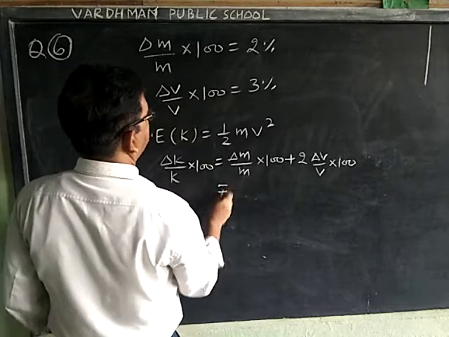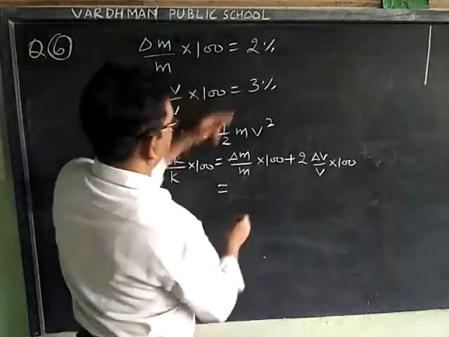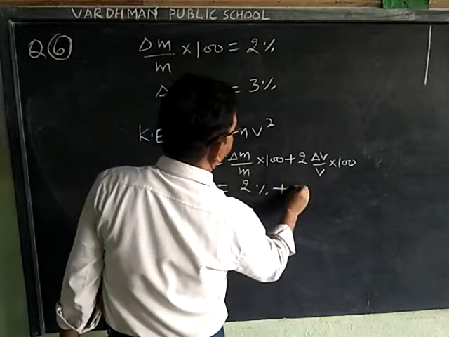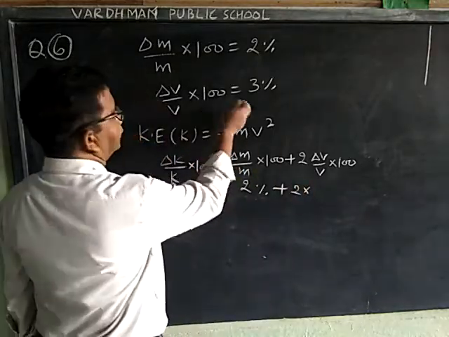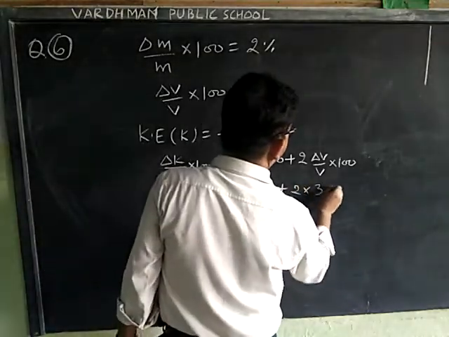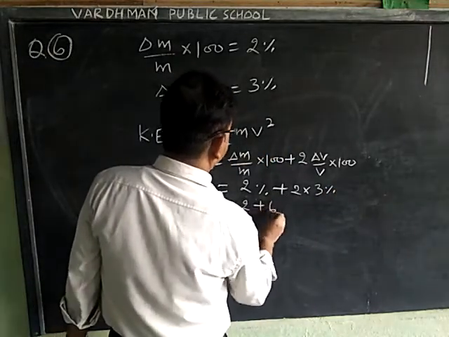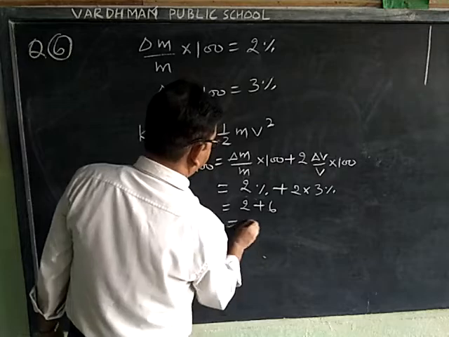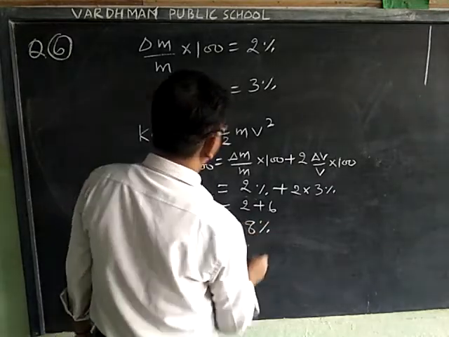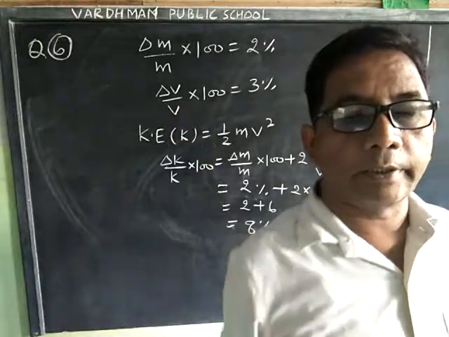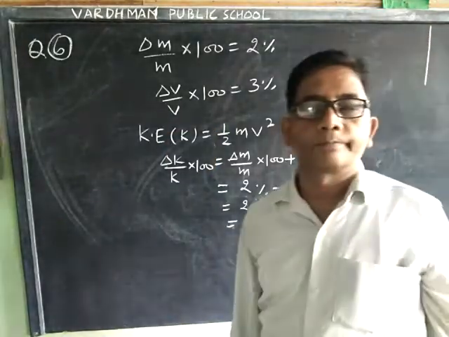Now delta m upon m into 100 is 2% plus 2 into delta v upon v into 100, 3%. It becomes 2 plus 6, that is 8%. This is the percentage error in the kinetic energy.